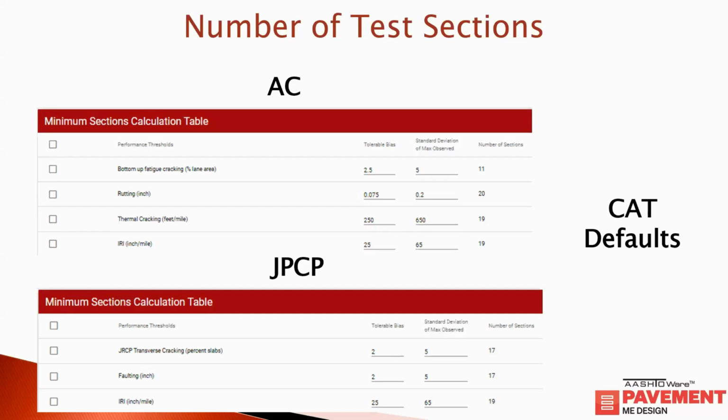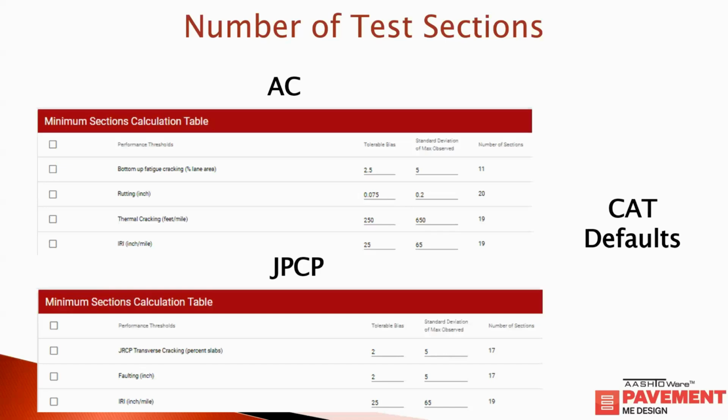And then you're going to have an independent set left over to validate, or check the accuracy of your calibrated model. And the normal split is going to be 80-20. So 80% will be used for the calibration optimization, 20% will be used for validation.